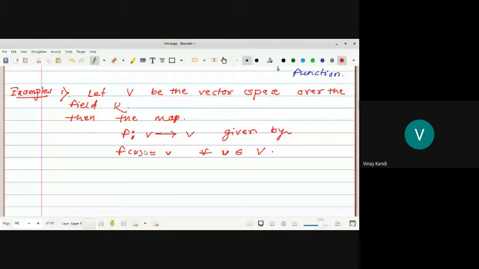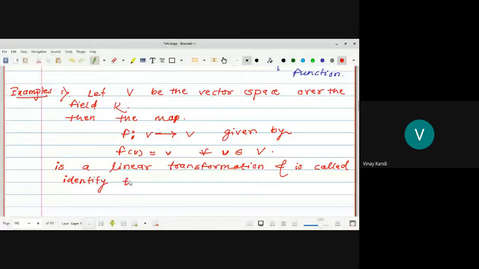It is a linear transformation, and it's called the identity transformation.